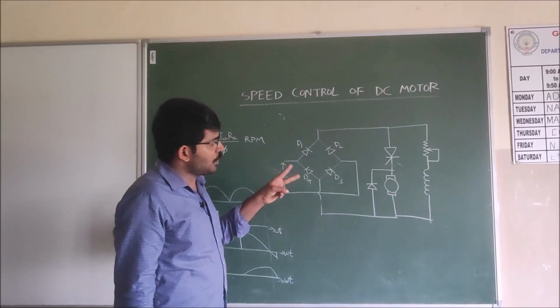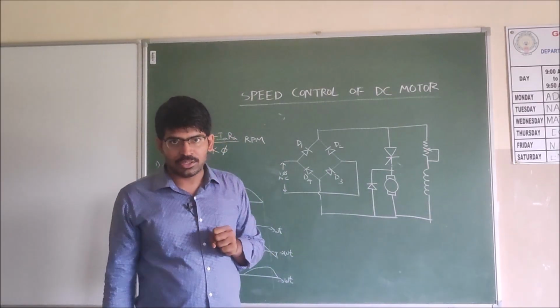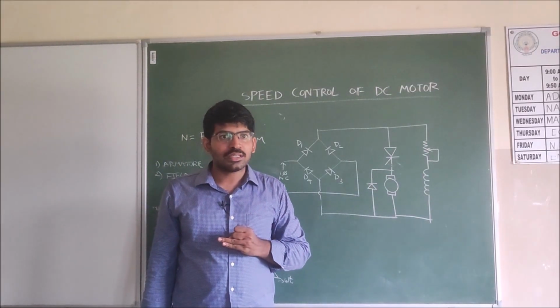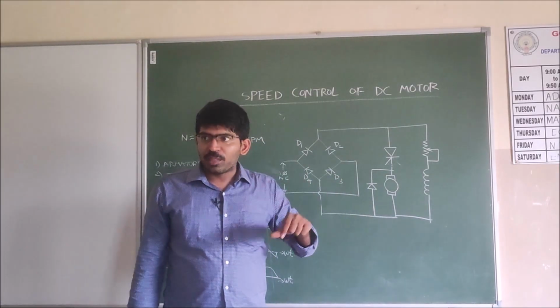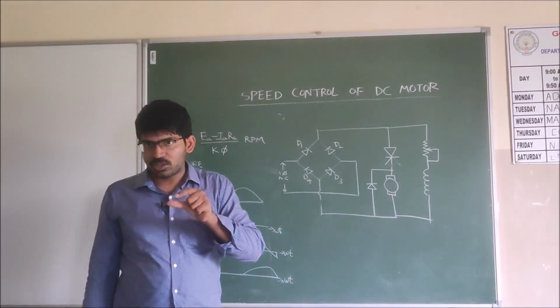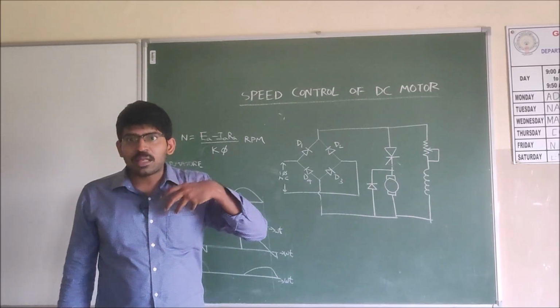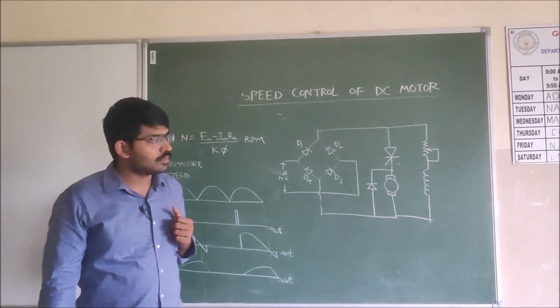Mainly we can control the speed of the DC motor by using two factors. One is armature voltage and the second one is the magnetic flux passing through the poles of the motor. By changing the magnetic flux per pole, we can change the speed of the motor.